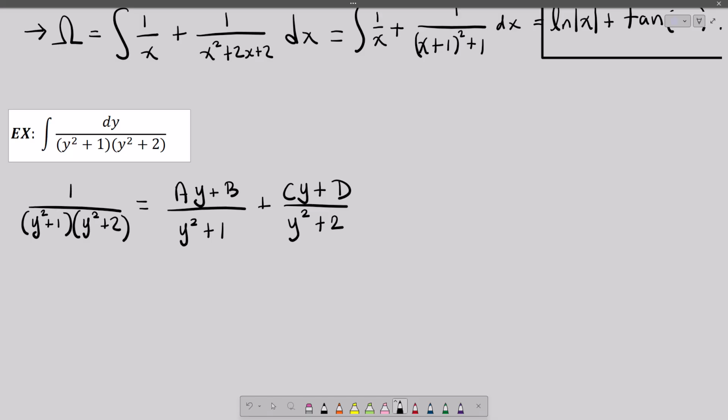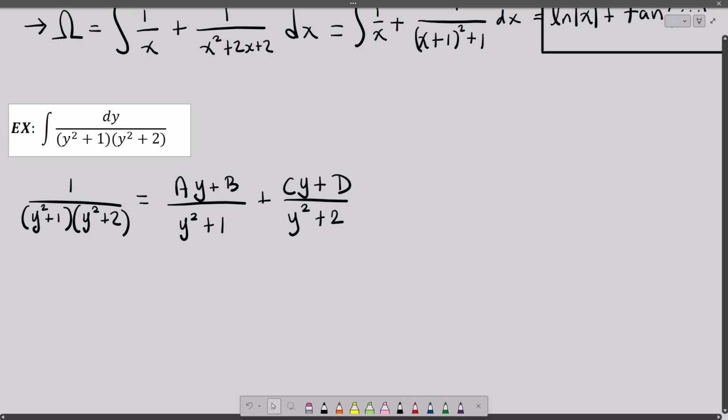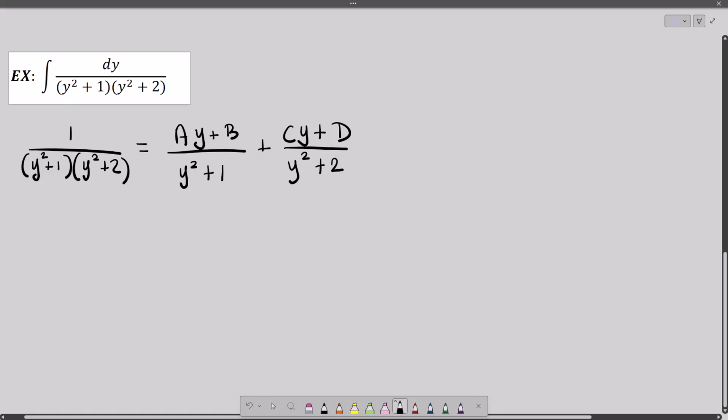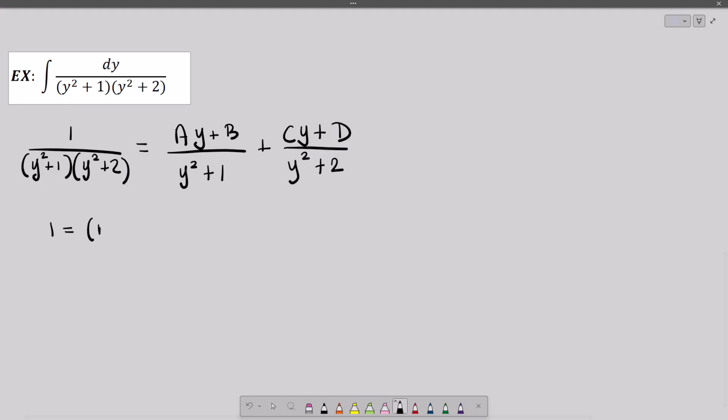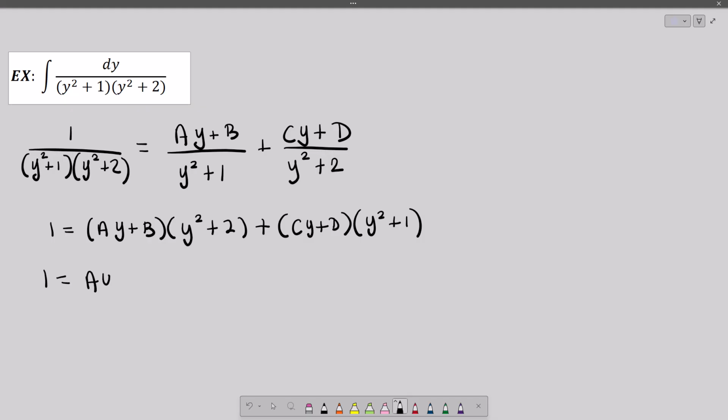AY cubed plus 2 plus B minus 3. That's just A plus C Y cubed plus C plus B Y squared.